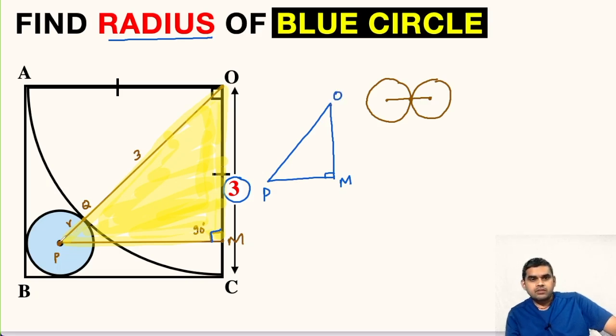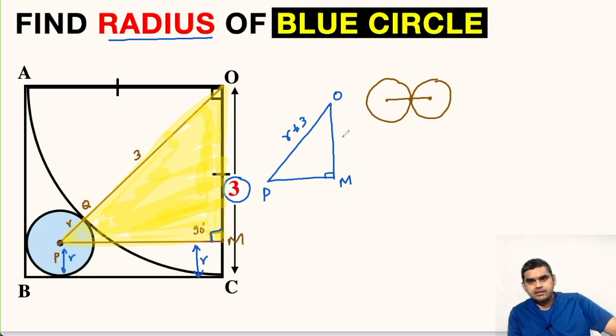We know that from P to point O, this distance will be R plus 3. So let us write R plus 3. If we see, OM will be 3 minus this distance, and this distance is the radius of this small circle.